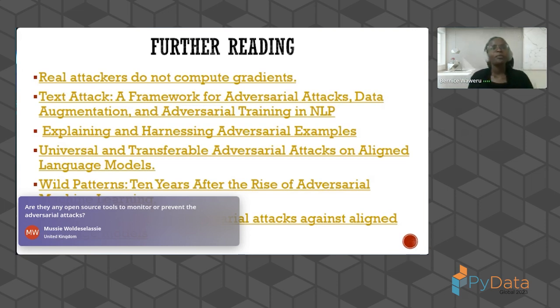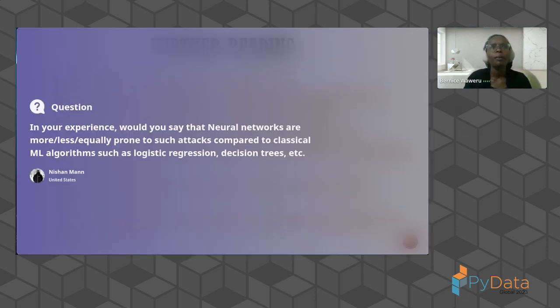Great, thank you. Now we have a question in the Q&A. In your experience, would you say that neural networks are more, less, or equally prone to such attacks compared to classical ML algorithms, such as logistic regression, decision trees, etc.? I would say neural networks are more prone to adversarial attacks, mainly because it's easy to leverage the whole gradient descent idea.